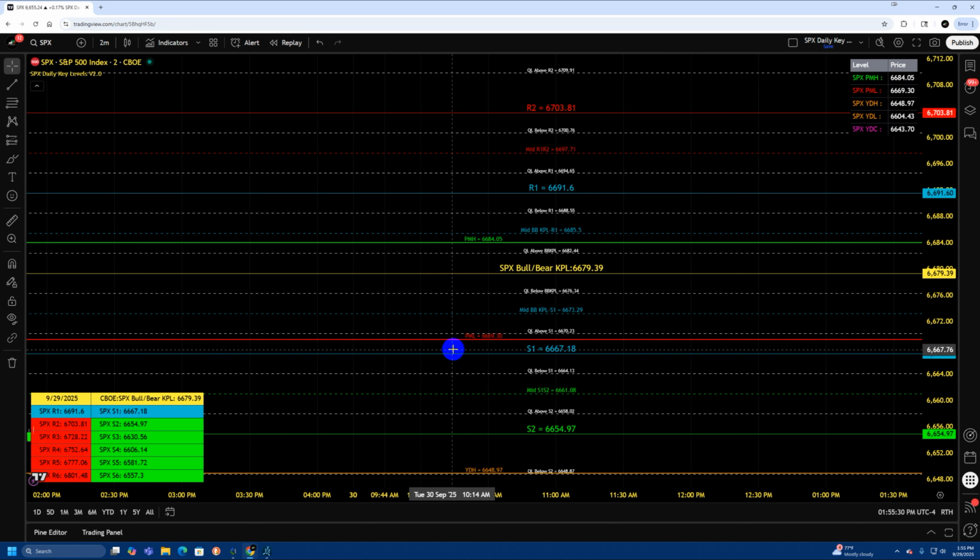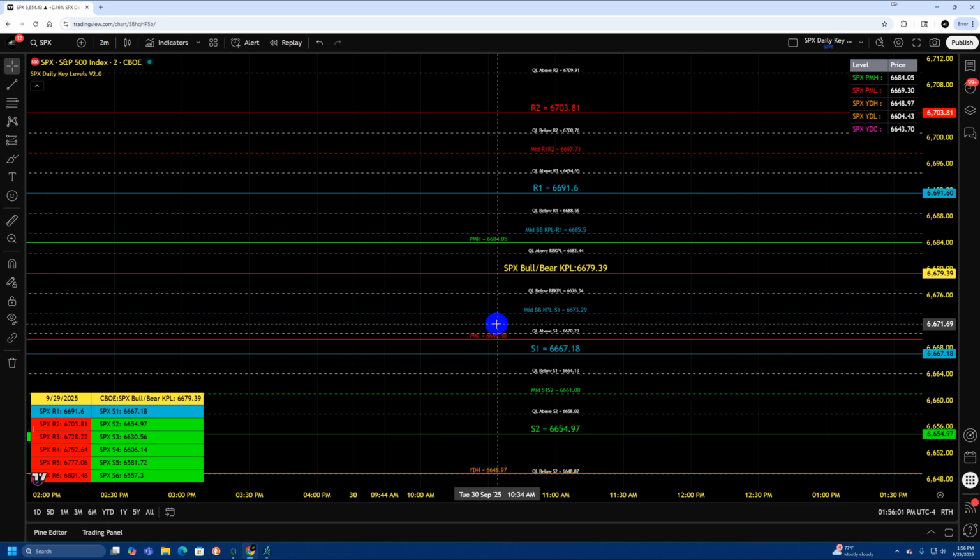So instead of a bounce off of here, if price came below here, then went back up and crossed above and closed above S1, and you wanted to take a bullish trade off of S1, it would be the same thing. You're taking a bullish trade off of S1, so your tight stop loss is the QL below S1, and your standard stop loss, if you choose that one instead, is the first midpoint below S1, mid S1, S2.